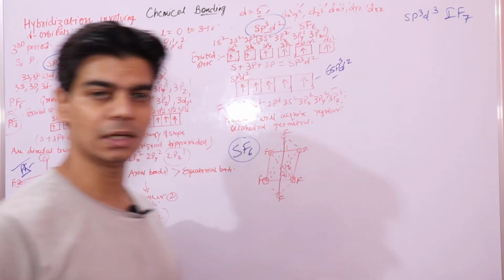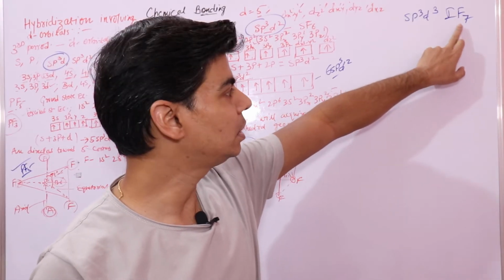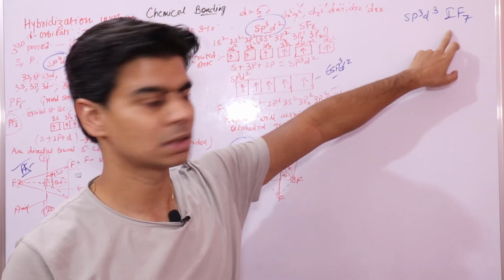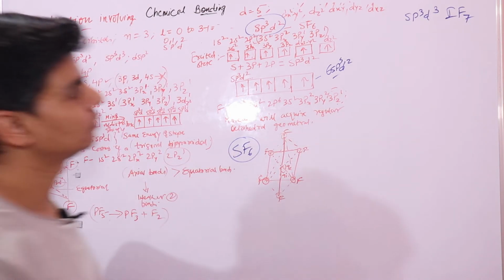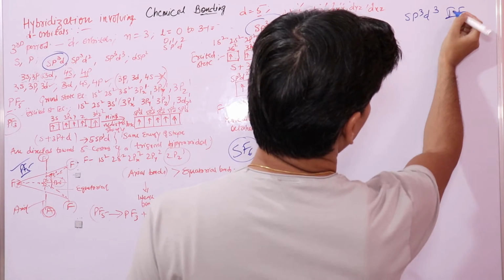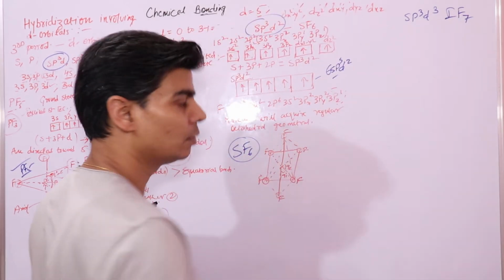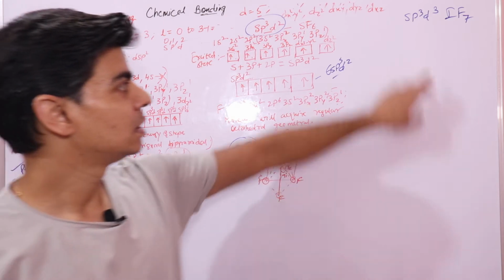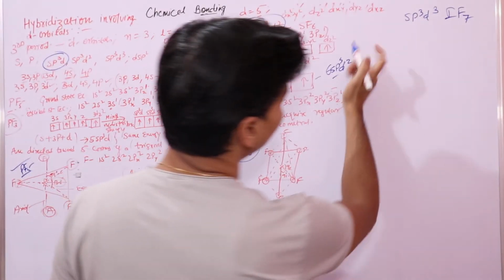This is an interhalogen compound made up of two halogens, iodine and fluorine. We know both of these are halogens. So in this molecule, the central iodine atom has sp3d3 hybridization. Let's look at it.